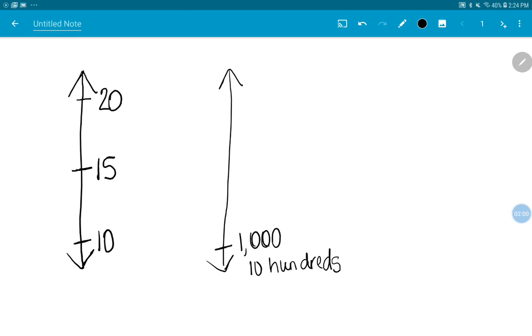Why is 10 hundreds and 1,000 equal to the same amount, Ainsley? Yeah, I could group those 10 hundreds, I could bundle them together to make 1,000. All right, so my other end point is going to be 2,000 or 20 hundreds.